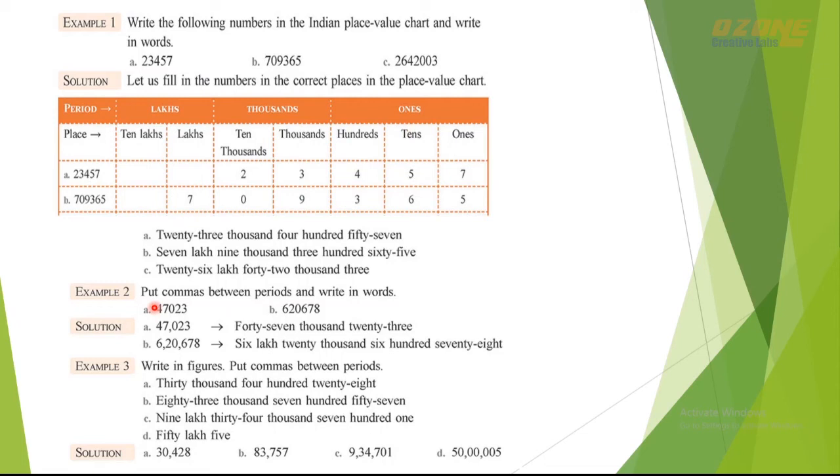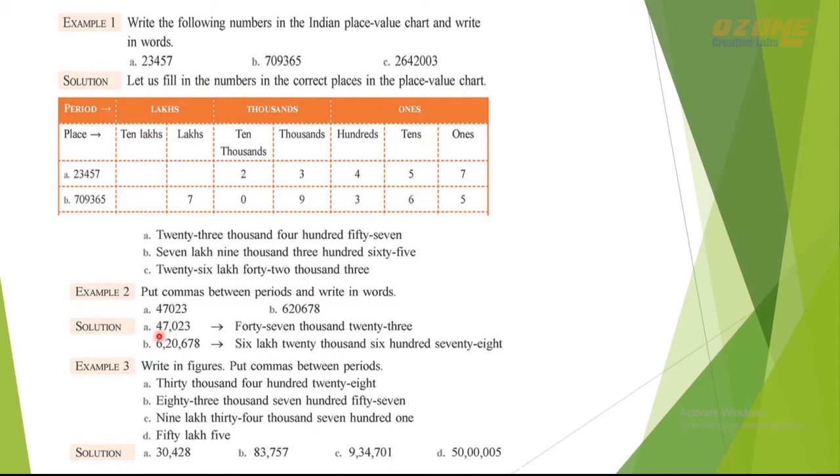Example 2. Put commas between the periods and write in words. Same way, before the last 3 digits 1 comma, then 2 digits 1 comma, then 2 digits 1 comma, and so on. And we can write the numbers in words.